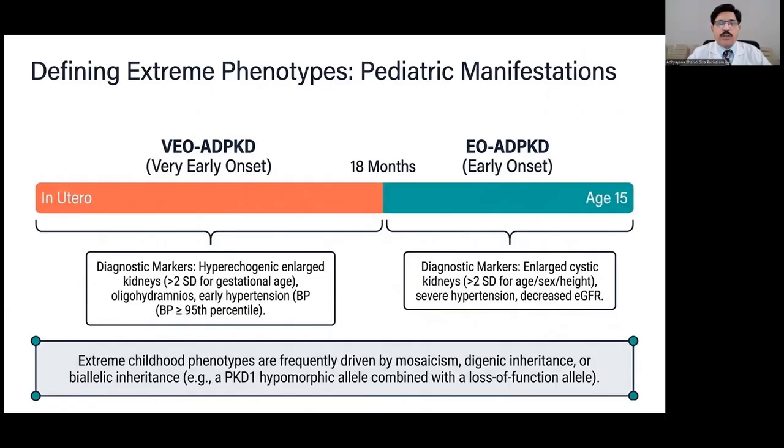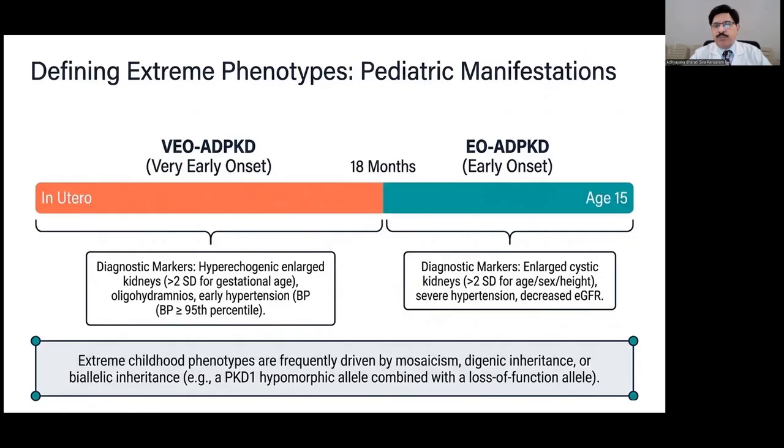What are the diagnostic markers in VEO? Hyperechogenic enlarged kidneys, more than 2 standard deviations for the gestational age, in intrauterine life itself. Oligohydramnios, the mother will have; that means the amniotic fluid will be very less, and early hypertension of more than the 95th percentile.